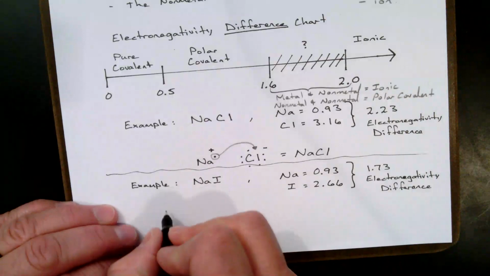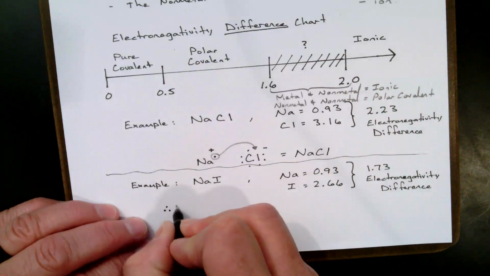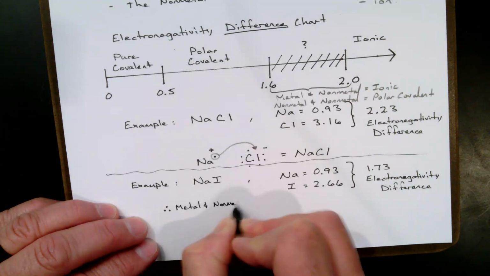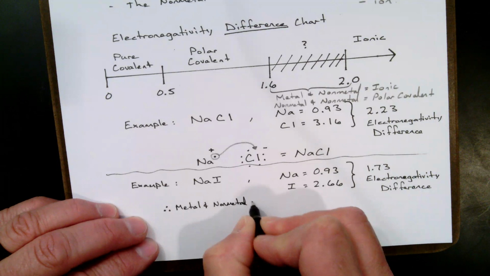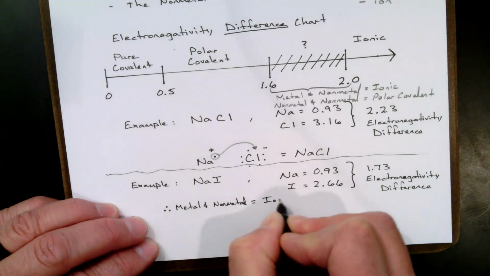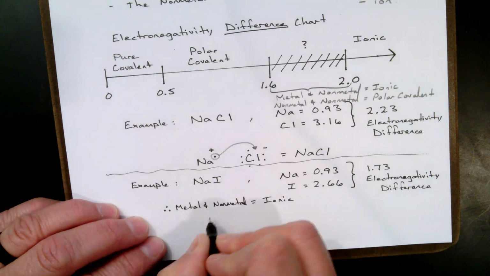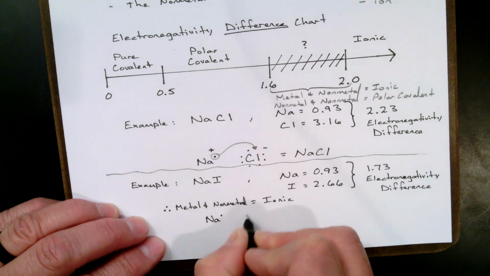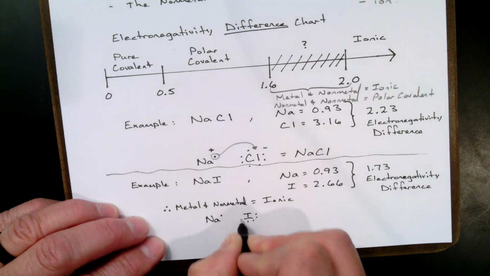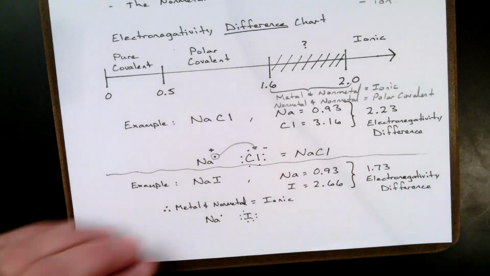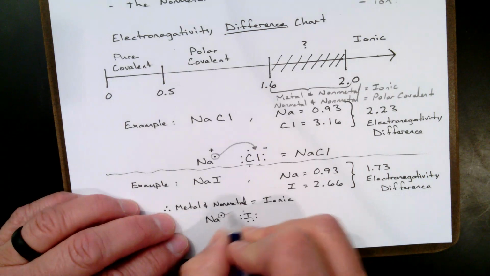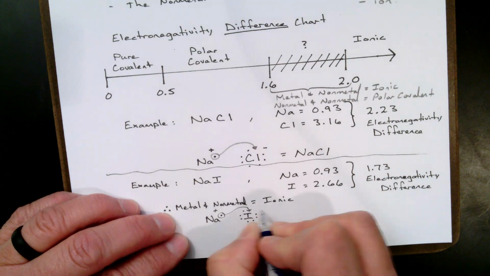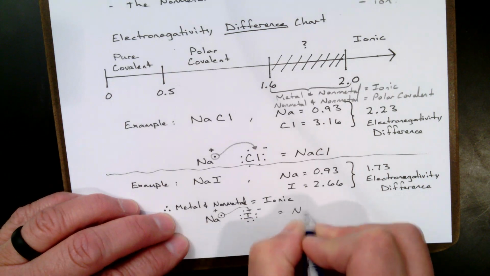So, because it's metal and non-metal, we say it's ionic, and we would have Na and I, and because it's ionic, we would be transferring the electrons over, making an Na plus and an I minus with NaI.